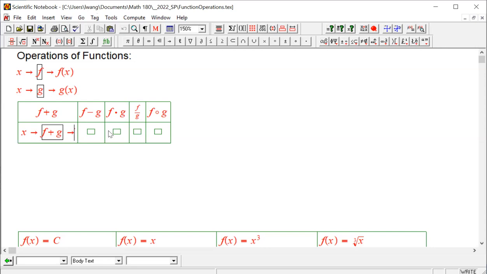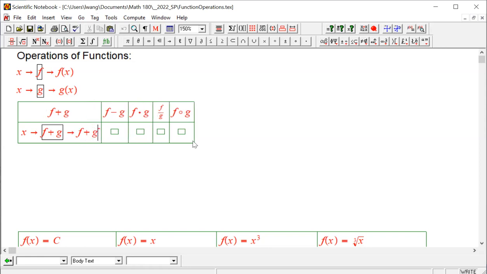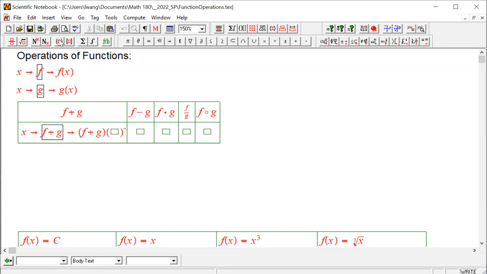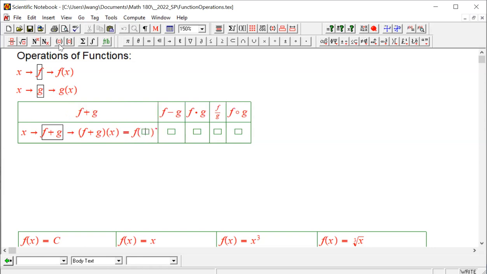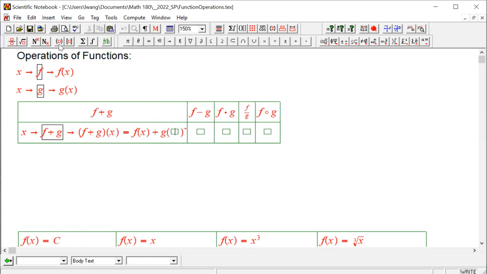It's called f plus g of x. Let's look at the notation. I believe you have learned about these rules before. So we can have the sum of functions.